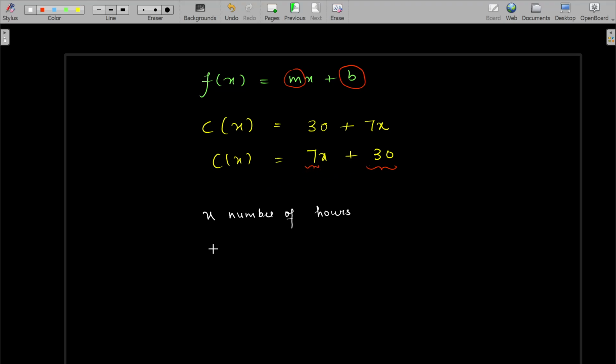So if you're spending 9 hours in the gym, the amount that you'll have to pay is 7 times 9 plus 30. Whatever this will be, that will be the total amount that you have to pay, right?